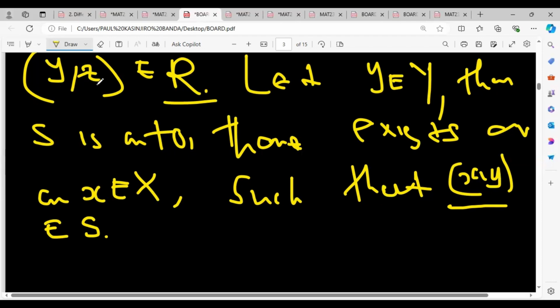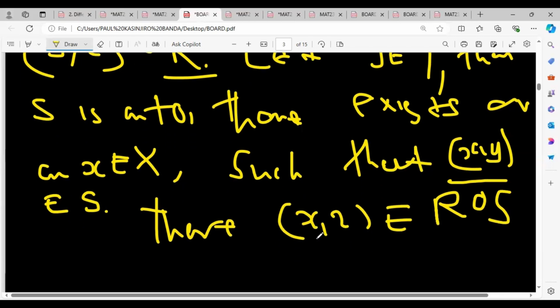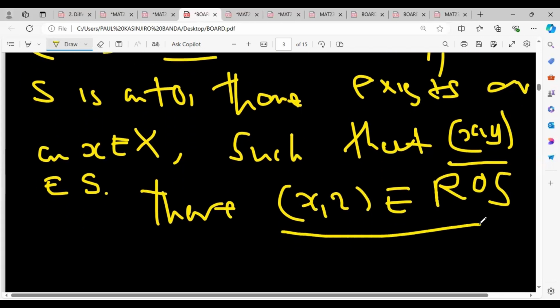This Y is mapped to the Z in R. Therefore I have the coordinate X, comma Z being a member of my R of S, and we have achieved this X, comma Z in this relation.